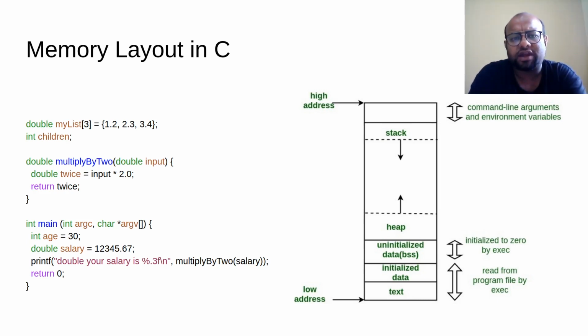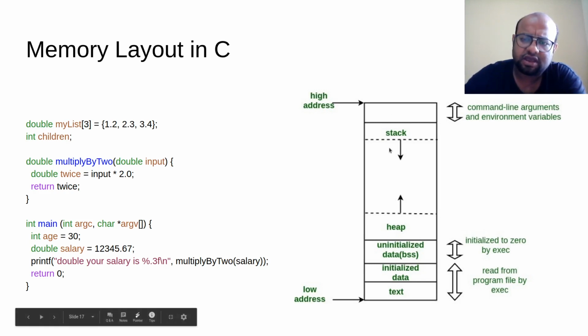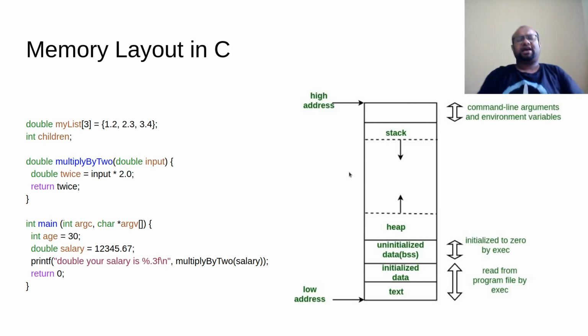So when your program is loaded into memory, a certain amount of RAM or memory is allocated for your program. Now this memory that is allocated for your program looks like this. Later on you will see that the memory allocated depends on virtual addresses and how to convert a virtual address into a physical address.